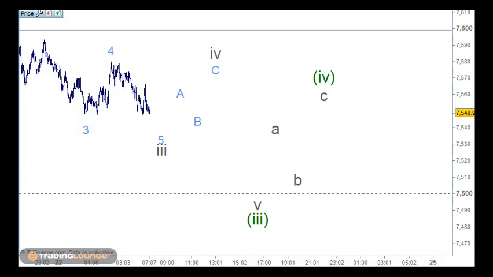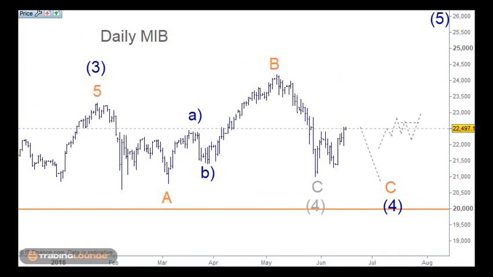Now also the MIB, the FTSE MIB, Italy here. As you know, I've been struggling with this because it's just newly on board here, but it doesn't seem that it's going anywhere from this 22,500 area here.